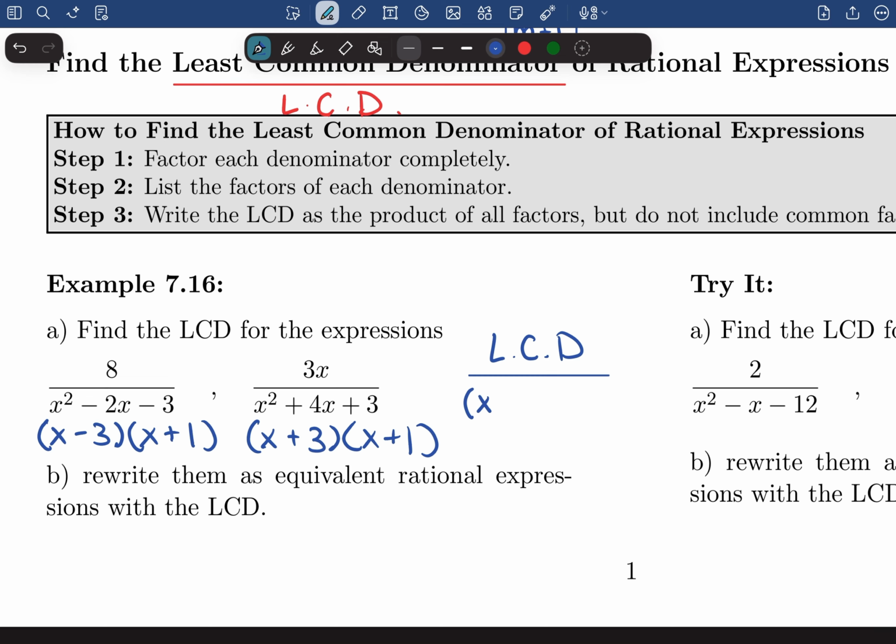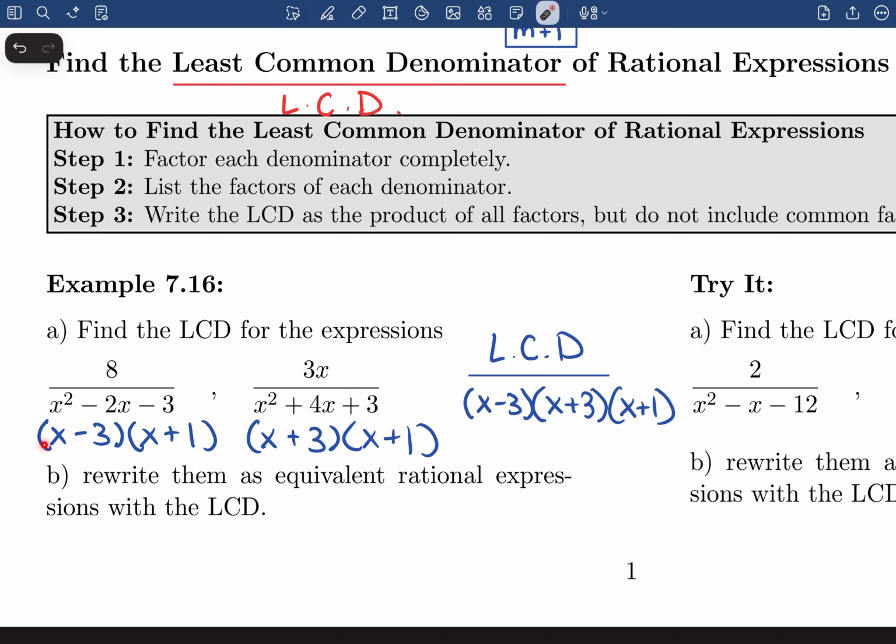So I have an x minus 3, which is unique, x plus 3, which is unique, and x plus 1. So these are the three factors that are unique: x minus 3, x plus 3, and then the x plus 1, which was repeated twice, but I only have to show it once. Okay, so this is how I find an LCD of two fractions.